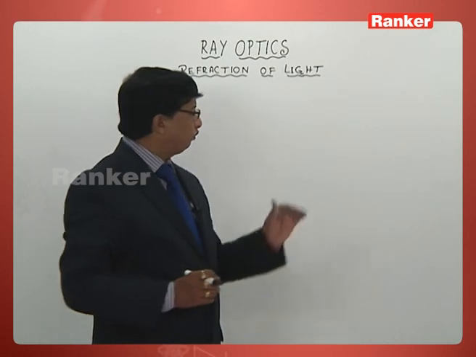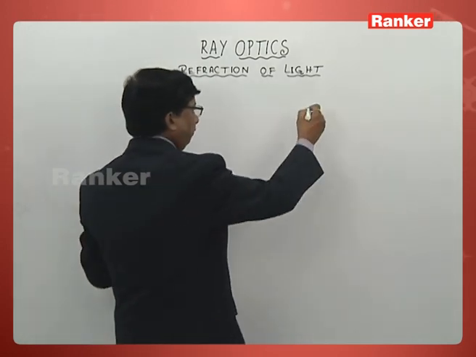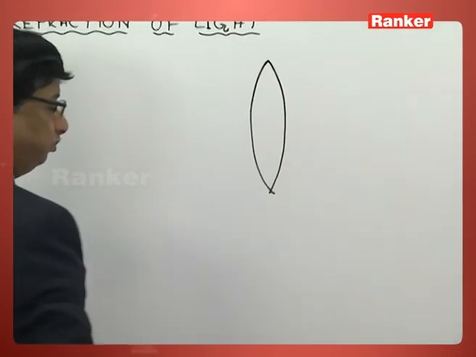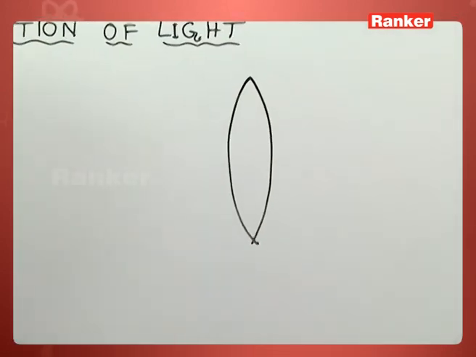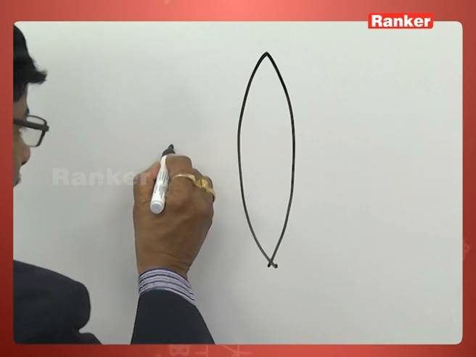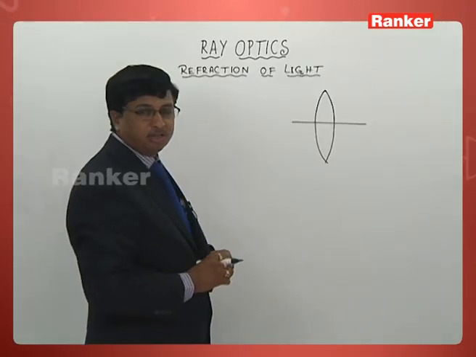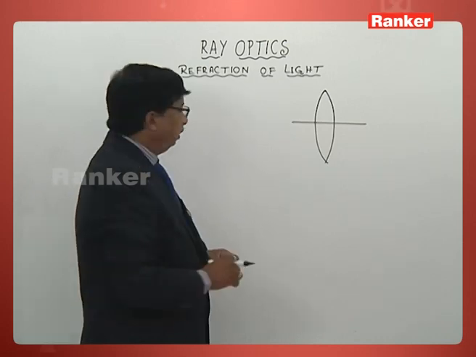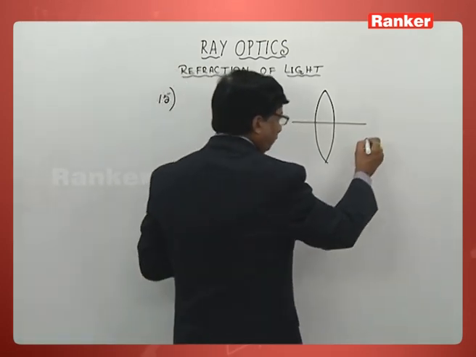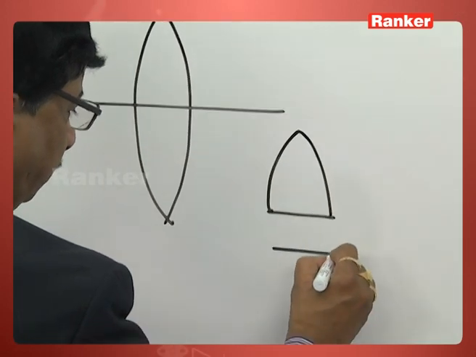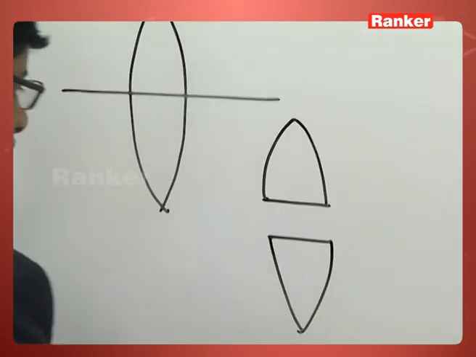First and foremost, you should get to your mind in how many ways we can cut a lens. Generally speaking, you can cut this lens along its principal axis. That's one way of cutting the lens. If you cut this one like this, you get one portion of the lens like this, the other portion of the lens like this.